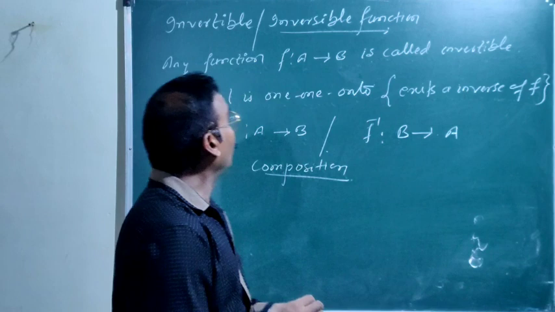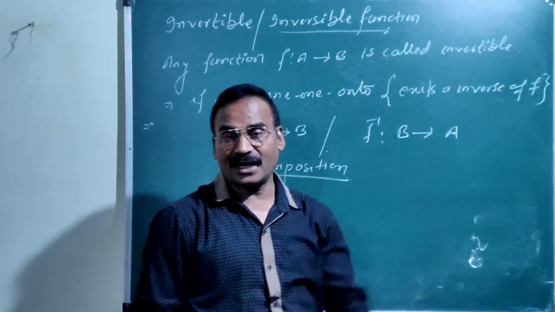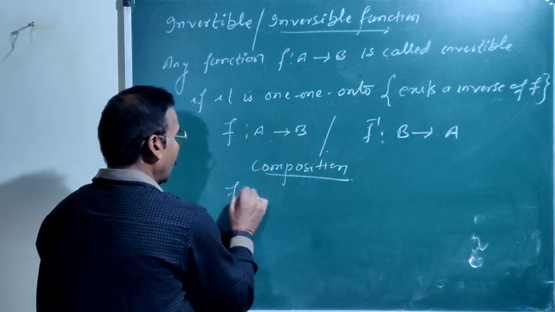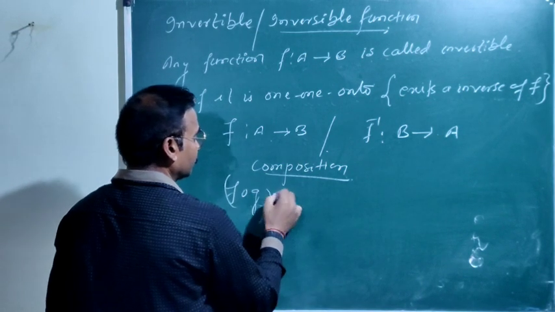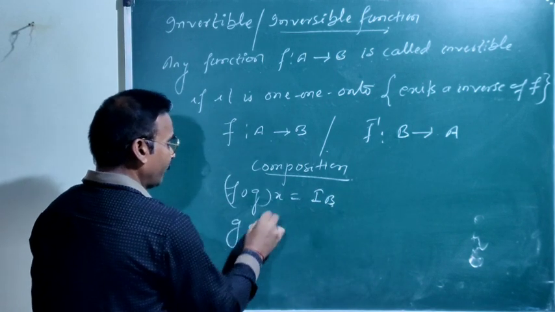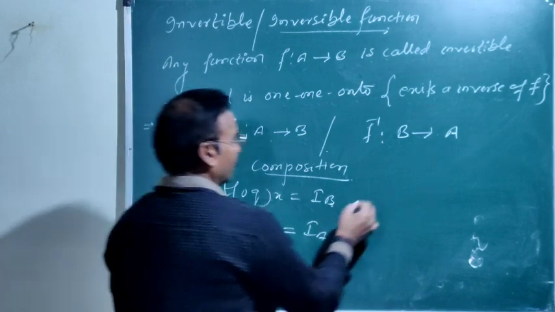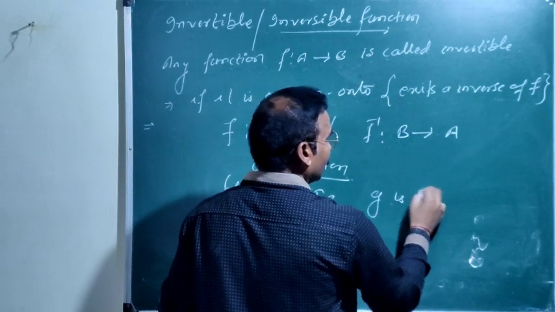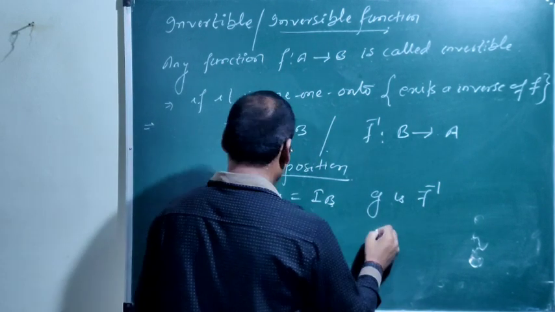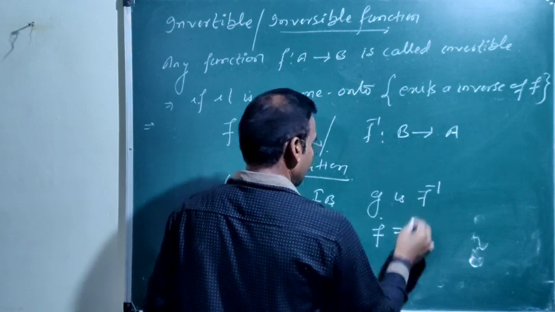So if you are going to prove a function is invertible, either you can prove fog of I_b or gof of I_a, where g is f inverse, and here f is g inverse.